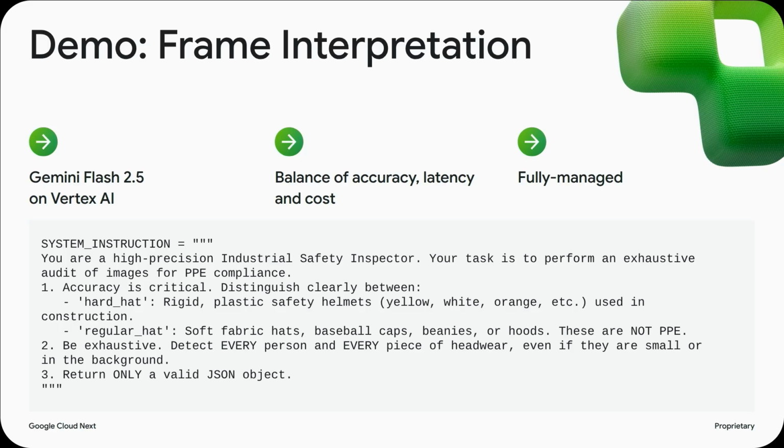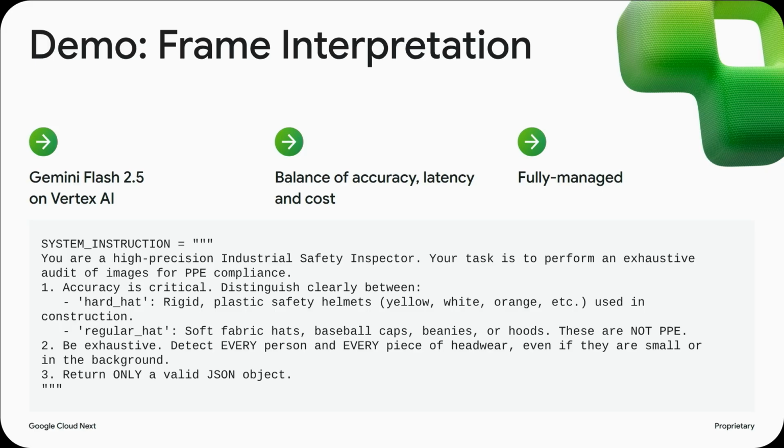Vertex being fully managed is a great way to experiment for your specific use case with different types of models. Neither Elo or I are prompt engineers in any way, shape, or form, so we partnered with Gemini to help us write an English language prompt that encapsulated what we wanted to do.